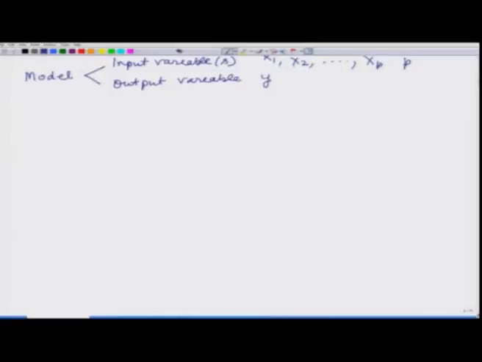So, these are your here p variables which are affecting the output y, right. Now, what is your objective? The objective is that we want to find out a relationship between x1, x2, xp and y in a mathematical framework, right.